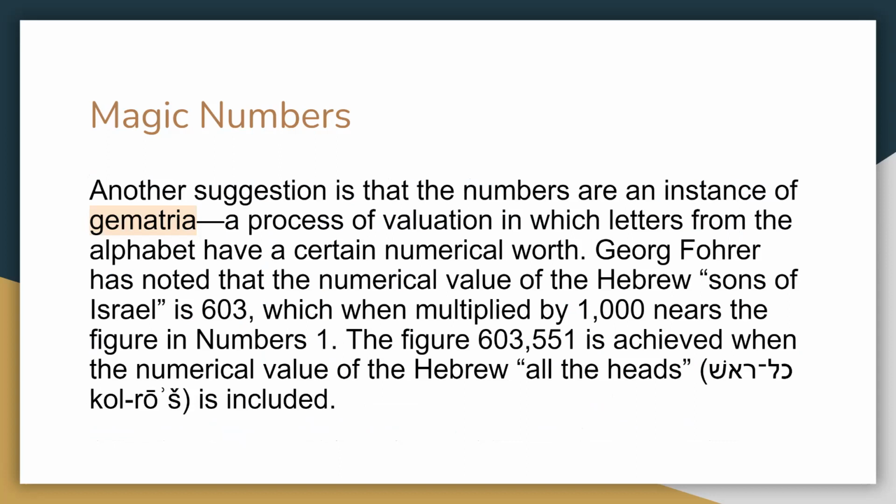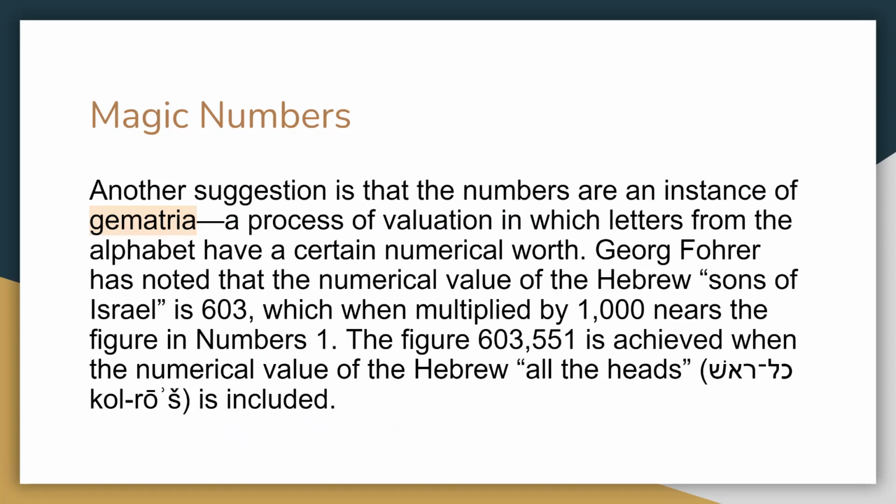Another suggestion about how they might have come up with these numbers is there's an instance of what we call gematria. That's a process where you evaluate each letter of the alphabet with a numerical worth. So you assign each alphabetical letter with a value.